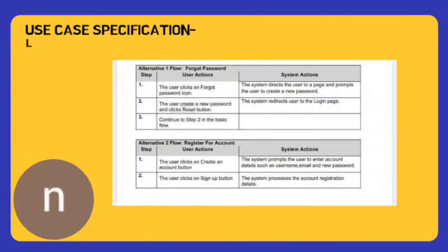In alternative 1 flow, forgot password, the user clicks on the forgot password icon. The system directs the user to a page and prompts the user to create a new password. The user creates a new password and clicks the reset button, and the system redirects the user to the login page. It will continue to step 2 in the basic flow.